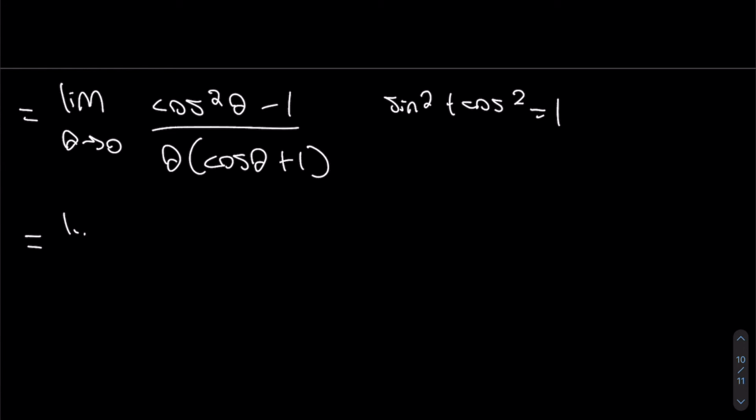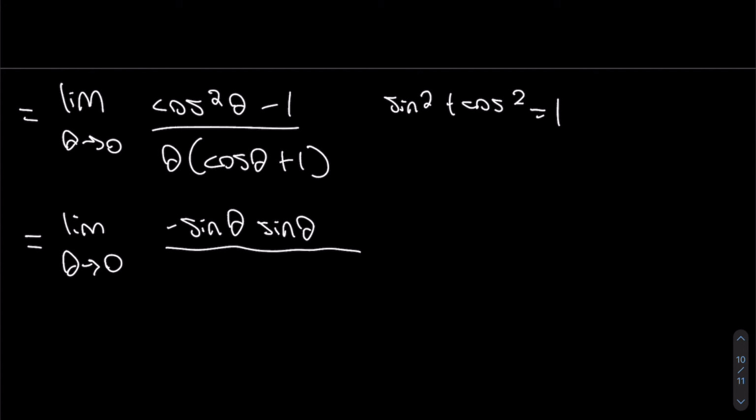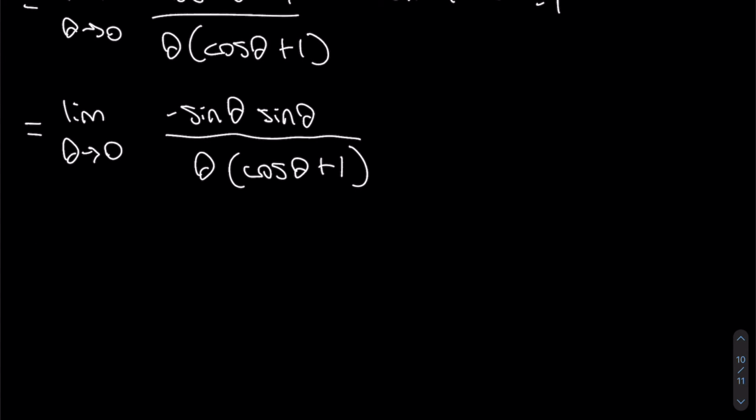Then you can see that the top there is in fact negative sine squared theta, which instead of writing negative sine squared theta, I'm going to write sine theta sine theta. And for one of the sines, I'm going to keep it with this theta, and for the other one, I'm going to keep it with this cos theta plus 1 on the bottom.